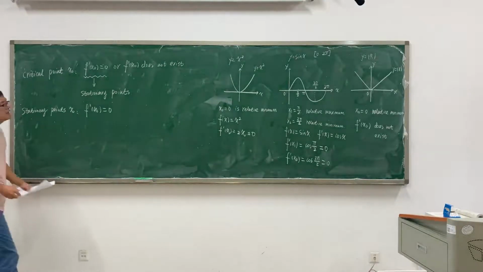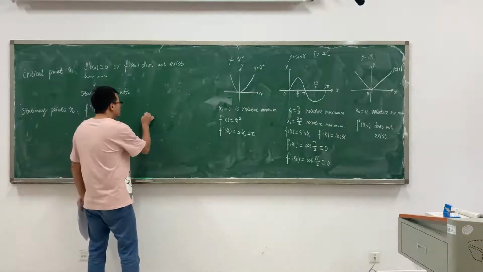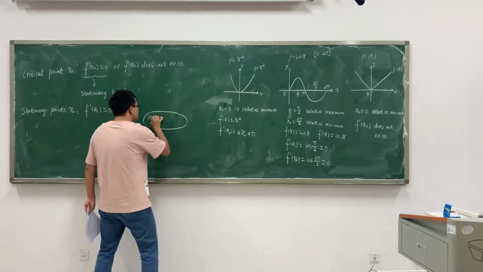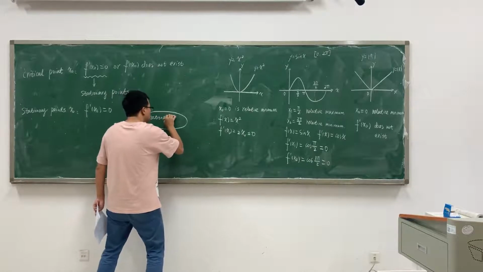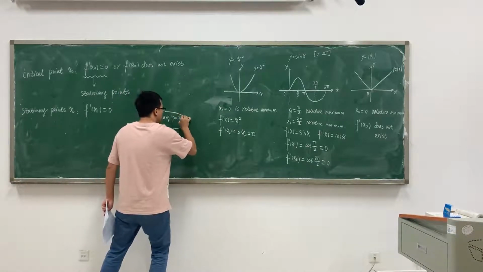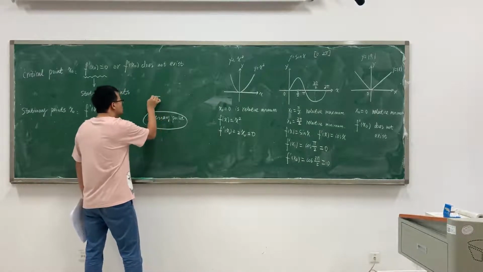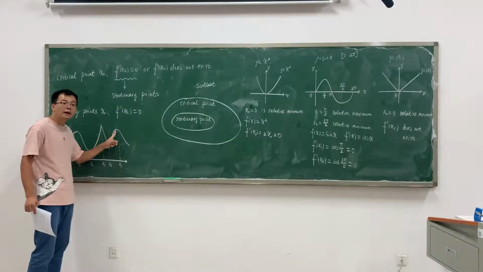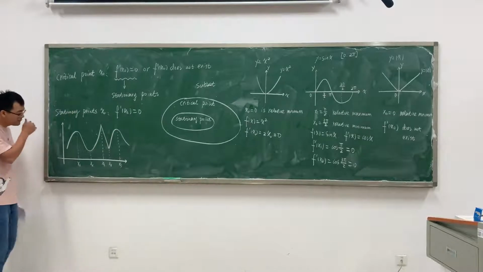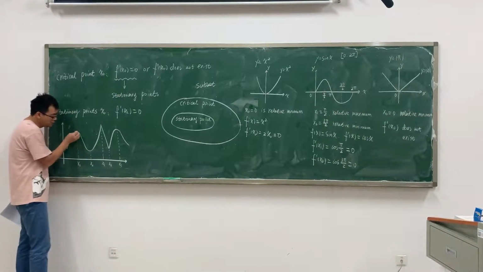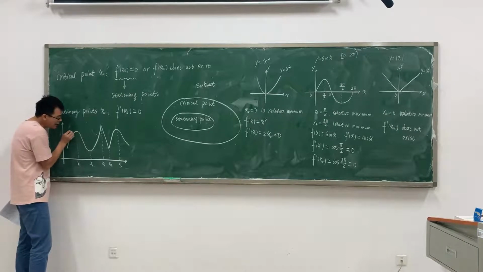So here means that if we have this set, the stationary points belong to it. And now you can see here at this point, we can see the tangent line.